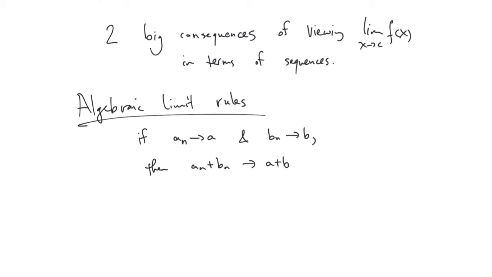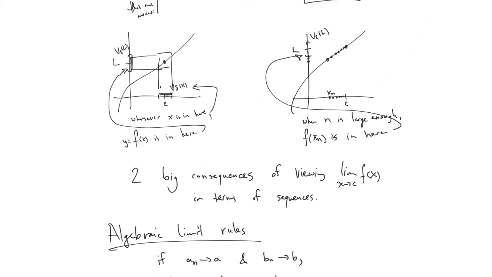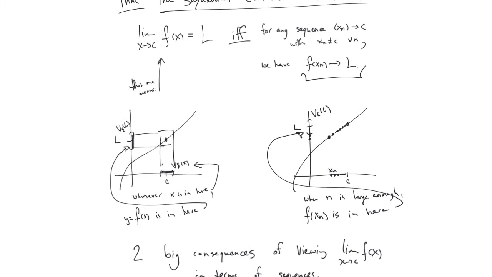But if you believe this theorem up here, it says limits of a function are really equivalent to some limit of a sequence, right? Whenever a limit of a function exists, whatever its properties are must match up with the properties of the limits of corresponding sequences.